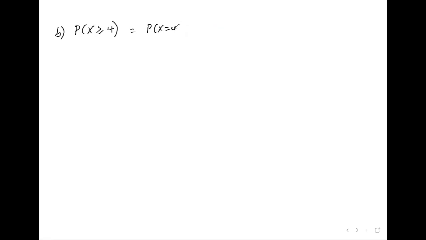The probability X is equal to 4 plus the probability X is equal to 5 plus the probability X is equal to 6 plus any other, nothing. That's the maximum. So we end there.